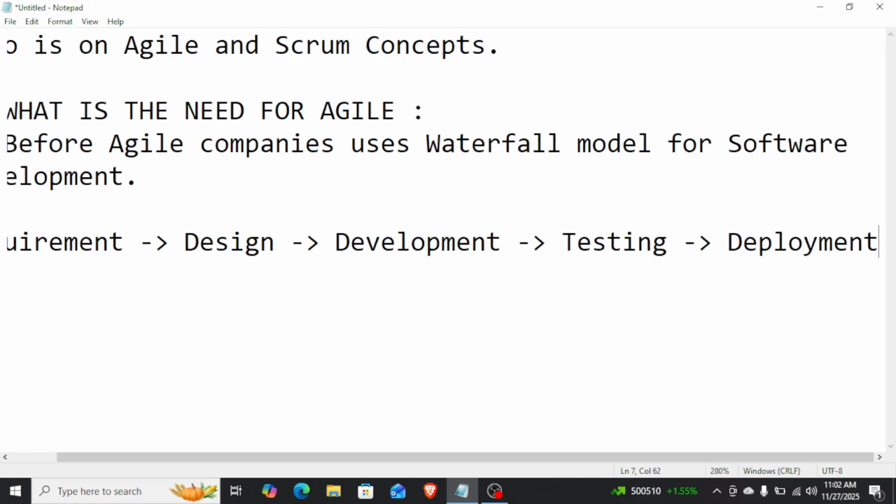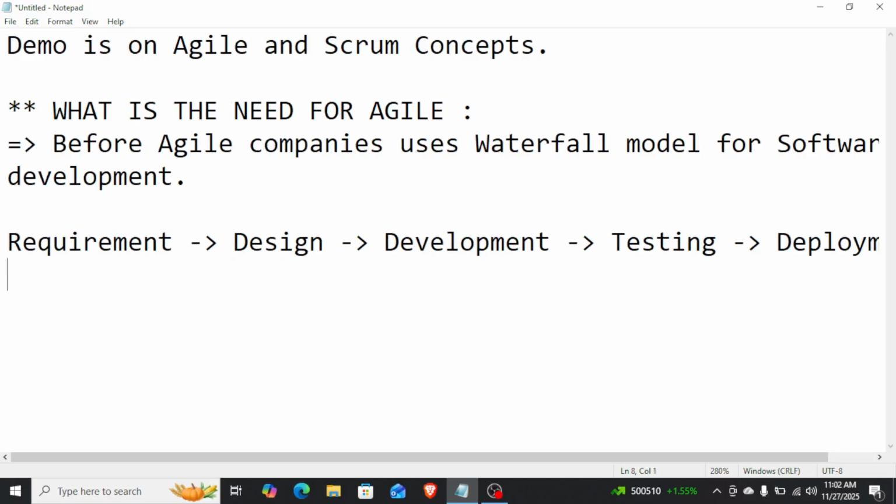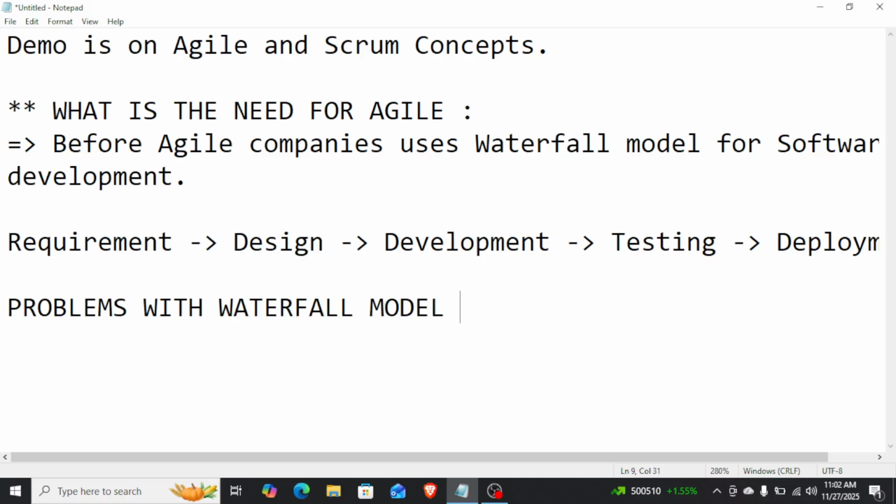But there are problems with the waterfall model. We will go through what problems occur when we develop software using the waterfall model. Requirements can't change.